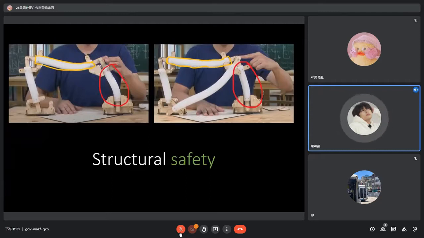Next up is structural safety. I don't know enough about boundary conditions, but what we can clearly see is that the model plots a diagonal piece. The deformation of beams and columns will be reduced accordingly.